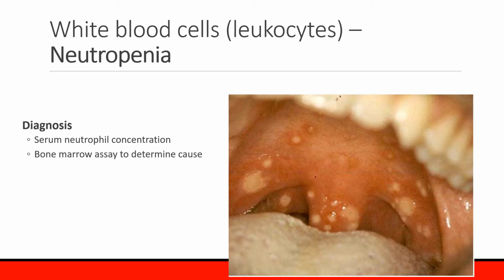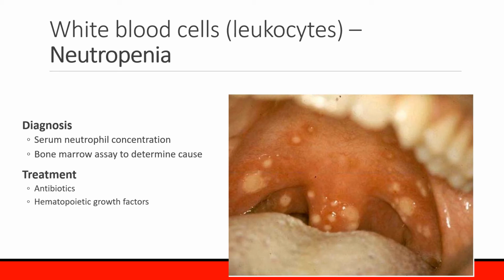How are you going to diagnose neutropenia? You measure the serum neutrophil concentration, so the neutrophils in circulation, and then you may need to do a bone marrow assay to determine the cause. They might find bone marrow cancer in there as well. The treatment is going to be fairly obvious.